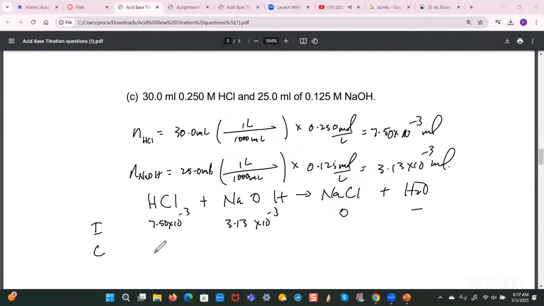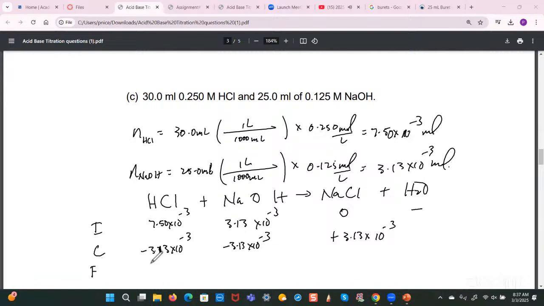Which one is lower? This one right here, right? So this would be the change for that. This would be the change for the acid, which is the same. And here would be the change for the sodium chloride.